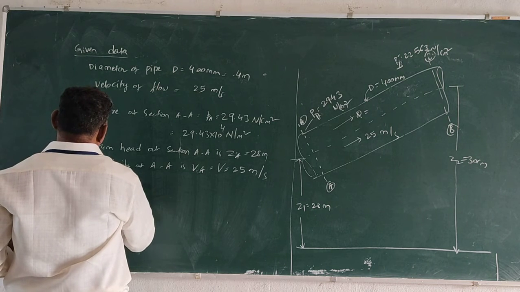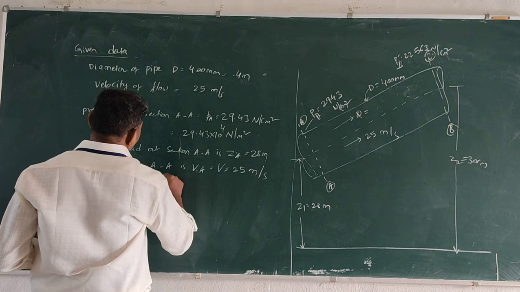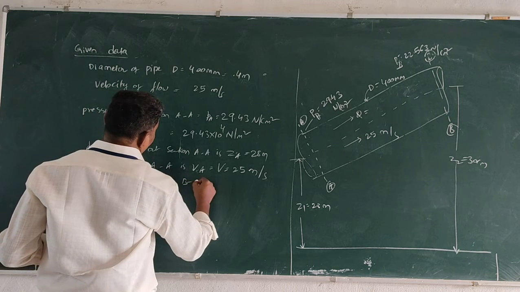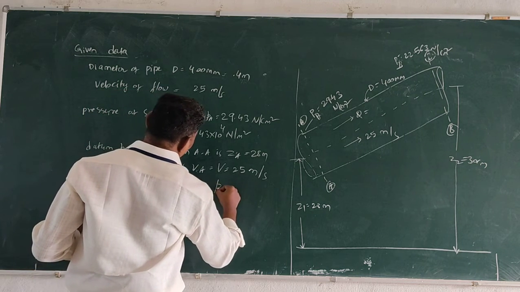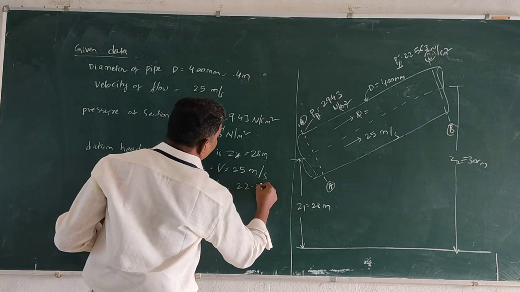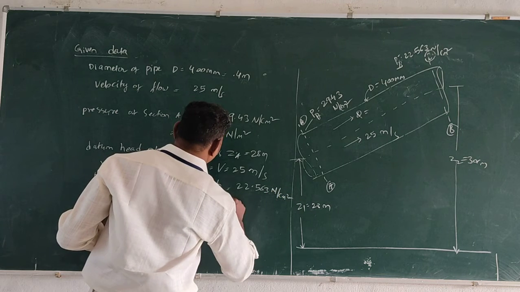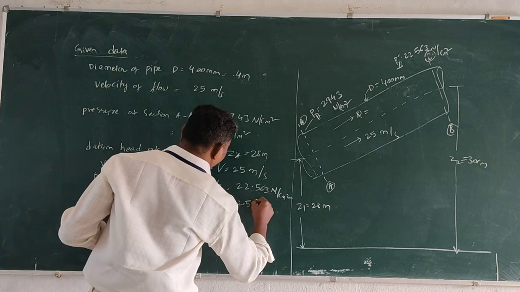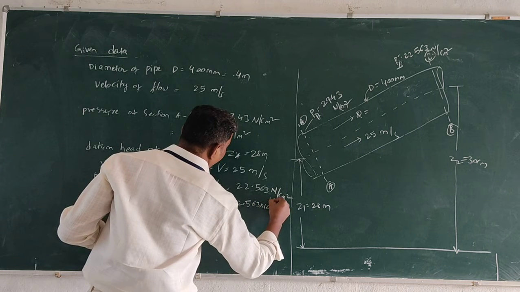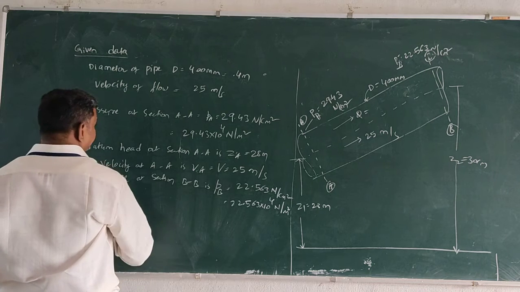Next, pressure at section B is PB, and that is equal to 22.563 newtons per centimeter square, that is equal to 22.563 into 10 to the power of 4 newtons per meter square.